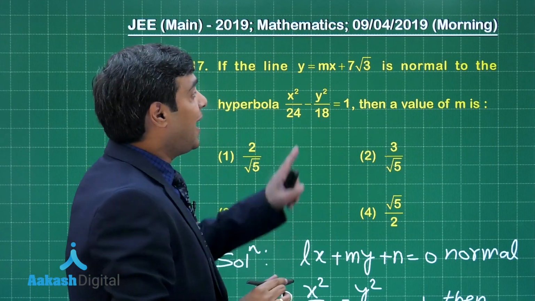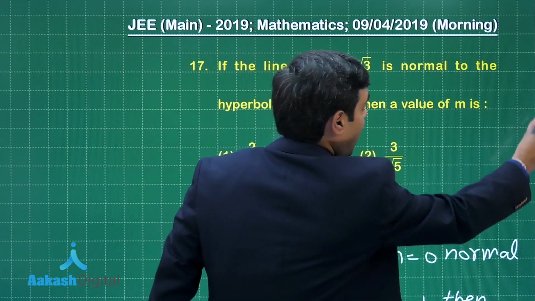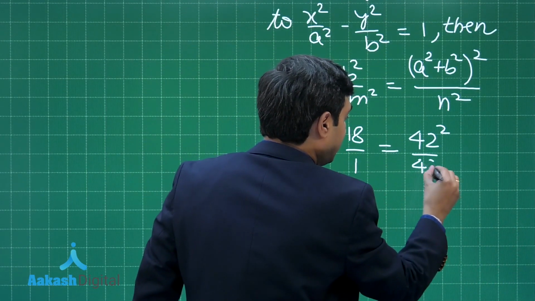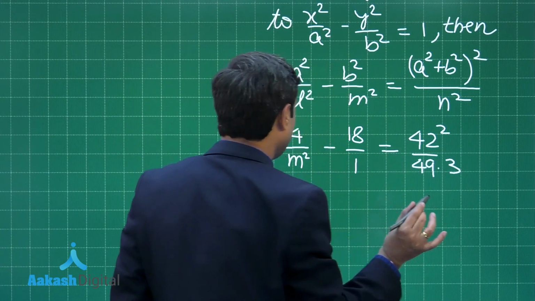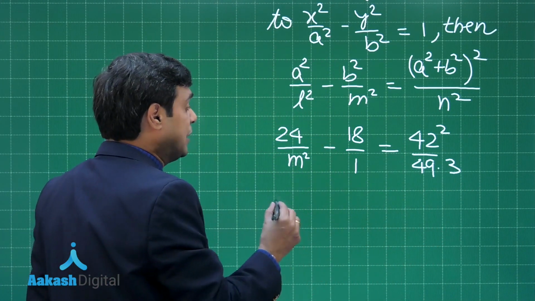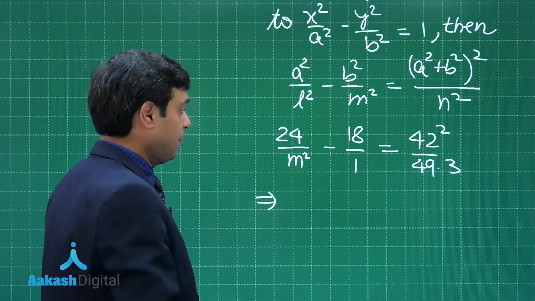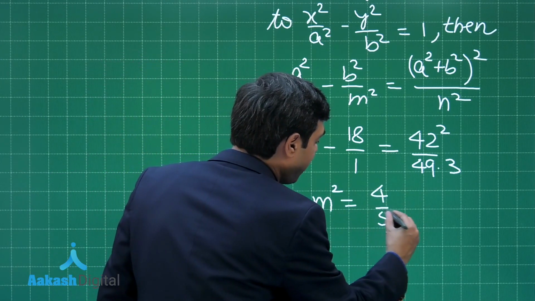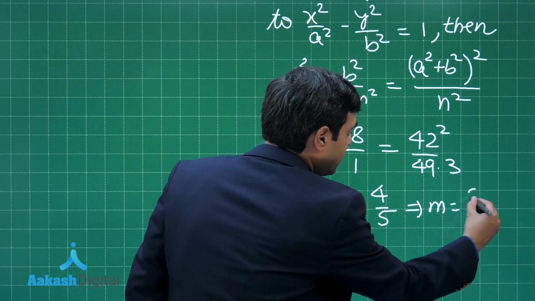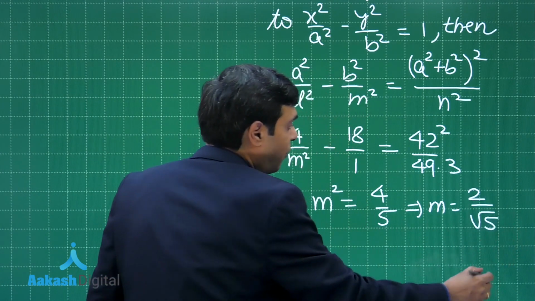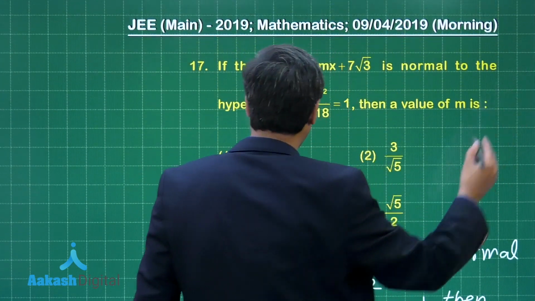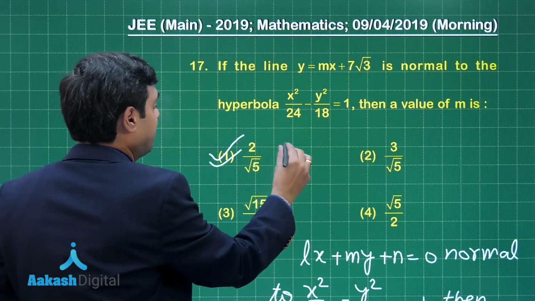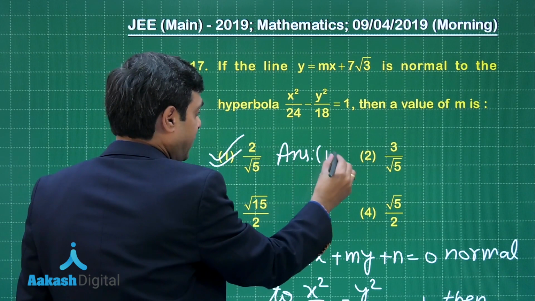Now what is n? n is 7√3. So n² is 49 into 3, right? So we need to simplify it to get the value for m. As m² = 4/5, or m = 2/√5. So let's see from the given options. 2/√5, that is option number 1, is the correct one.